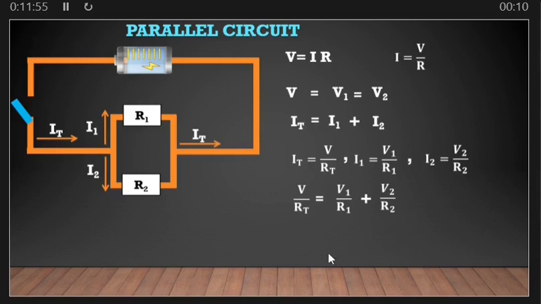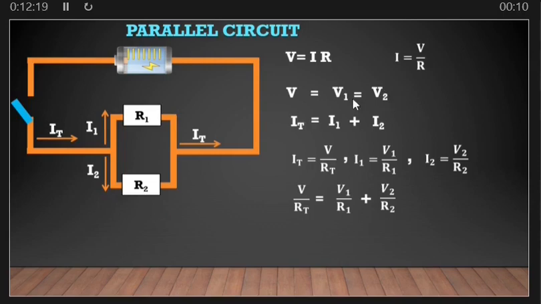All right, so notice that we stated basically that the total voltage in this circuit is the same as the voltage across resistor 1, which is V1, and also the same as the voltage across resistor 2, which is V2.